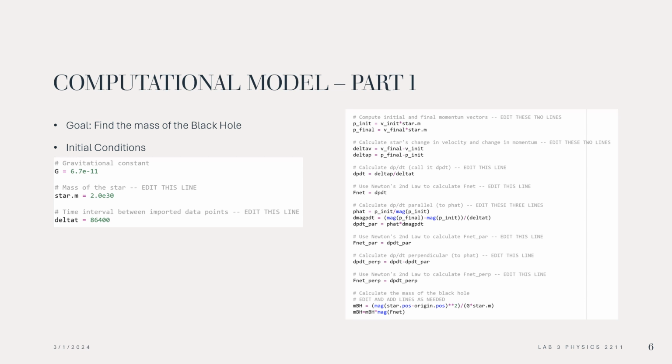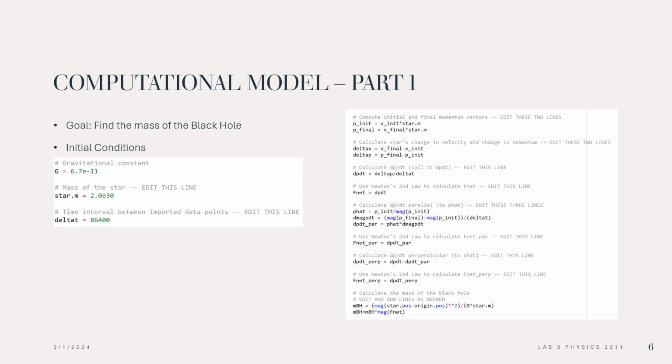We know F net equals F net parallel plus F net perpendicular, so dp dt equals dp dt parallel plus dp dt perpendicular. So dp dt perpendicular is dp dt minus dp dt parallel. As I just said, F net equals F net parallel plus F net perpendicular. That's what the last slide showed with the little image we had.